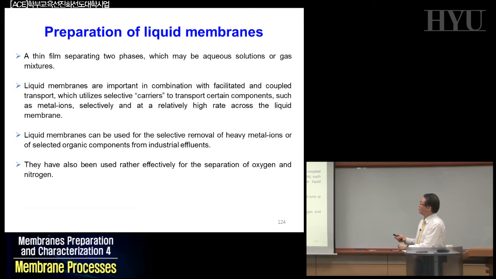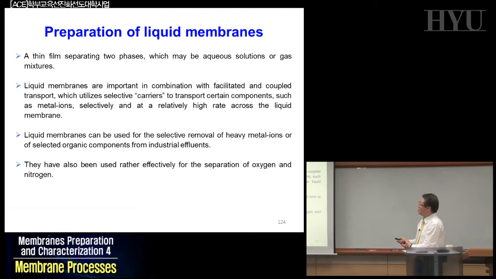The next topic that we will talk about is the liquid membrane. A liquid membrane is a membrane that is in the mobile phase. We have talked already about the polymer membrane, the metallic membrane, and the ceramic membrane. Those were in the form of solid phases, whereas a liquid membrane is called the liquid phase or mobile phase.